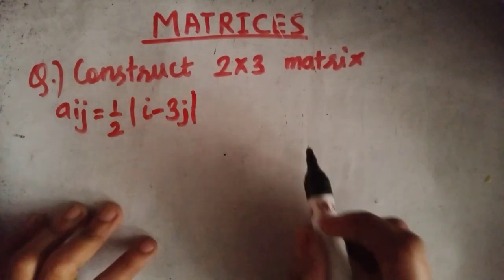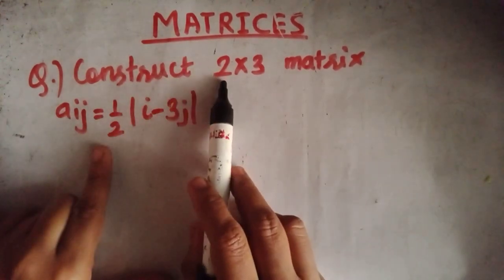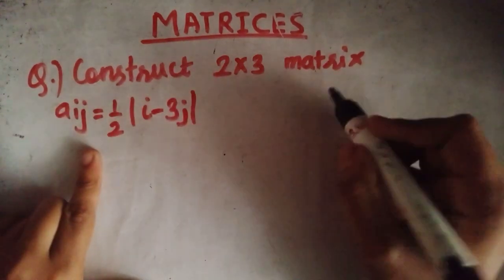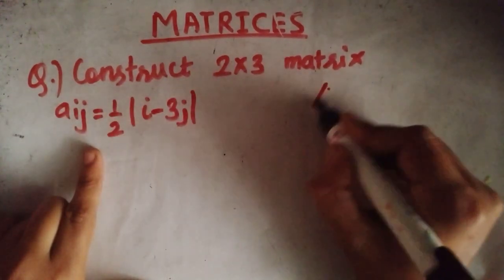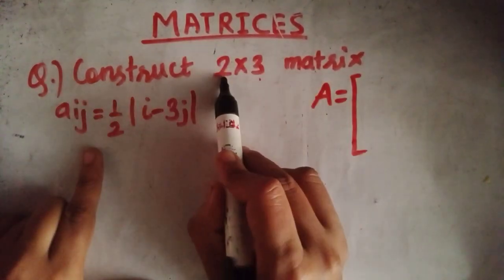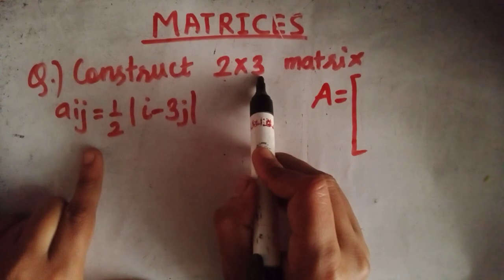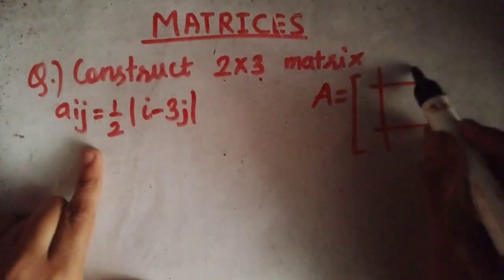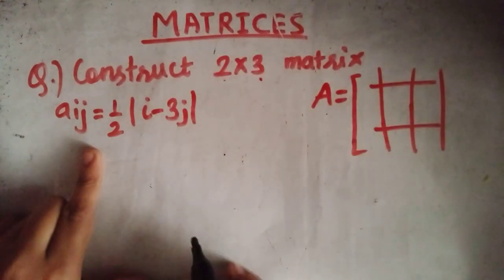First you should know how this 2 cross 3 matrix looks. 2 cross 3 means 2 rows and 3 columns.